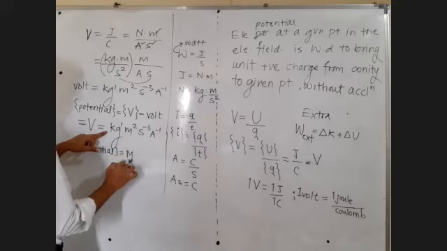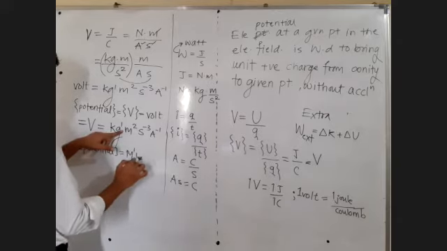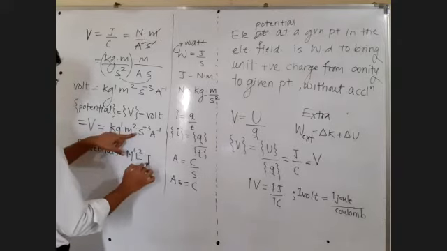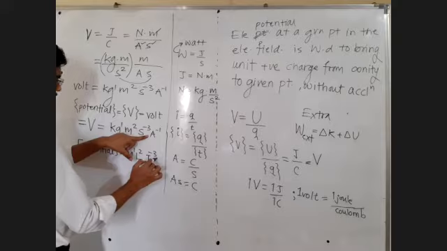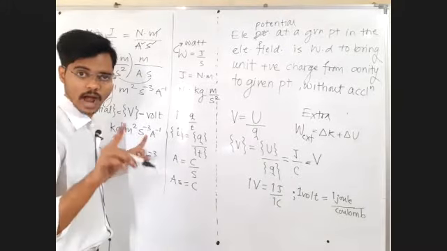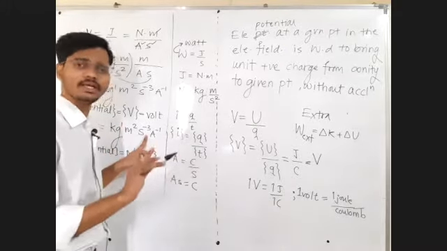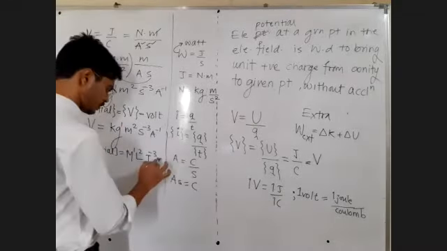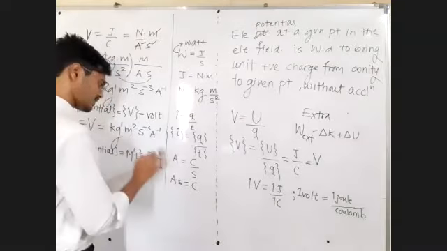Kg means mass raised to 1, meter means length raised to 2, second means time raised to -3, and ampere is written as current I, or sometimes as A as it is.